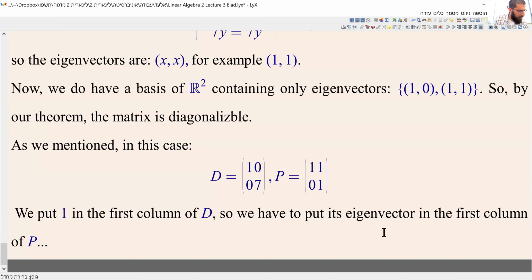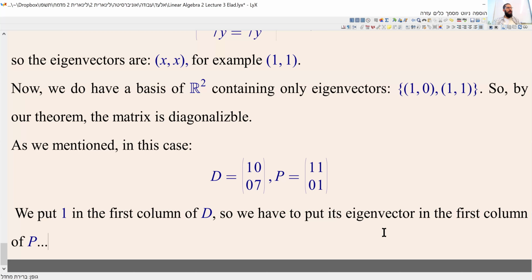And yet again, D can be written in this specific case in 2 ways, 1, 7 or 7, 1. In the general case, you have n eigenvalues, and you can order them however you like on the diagonal.